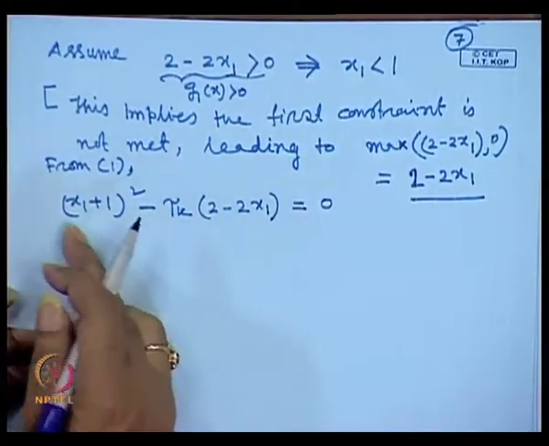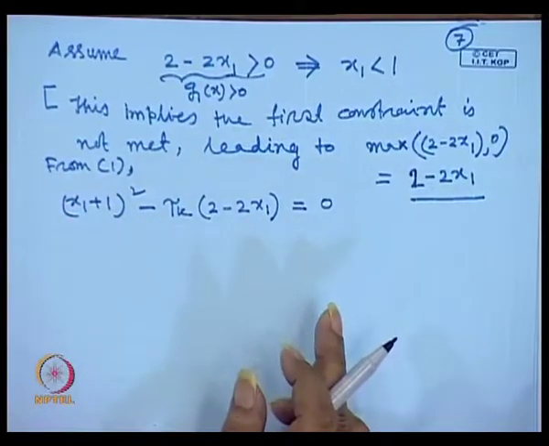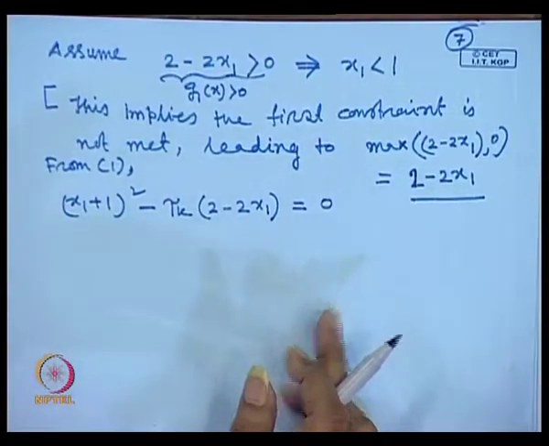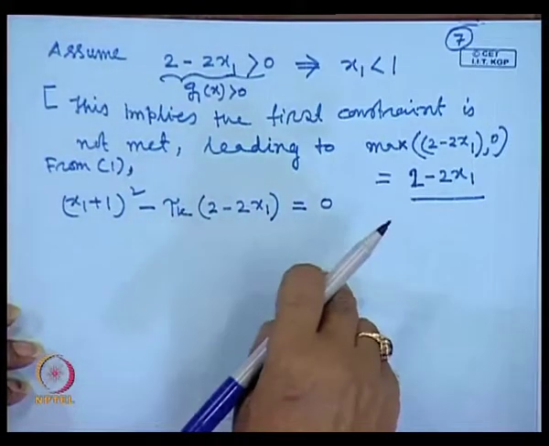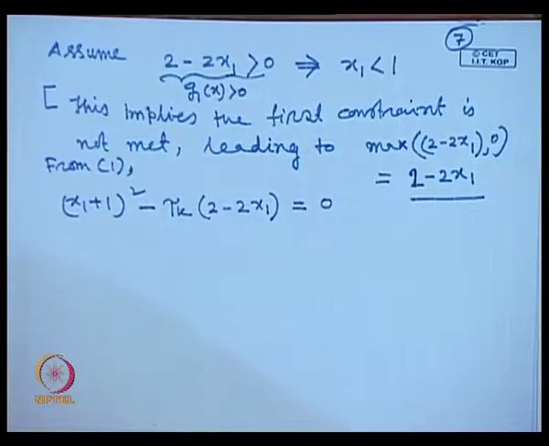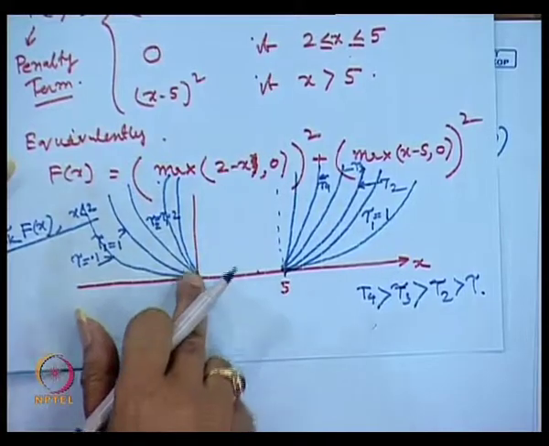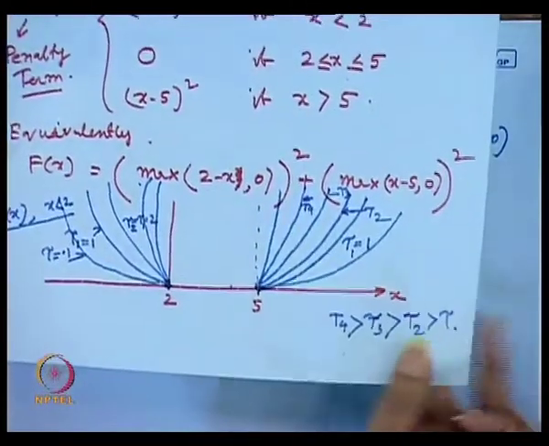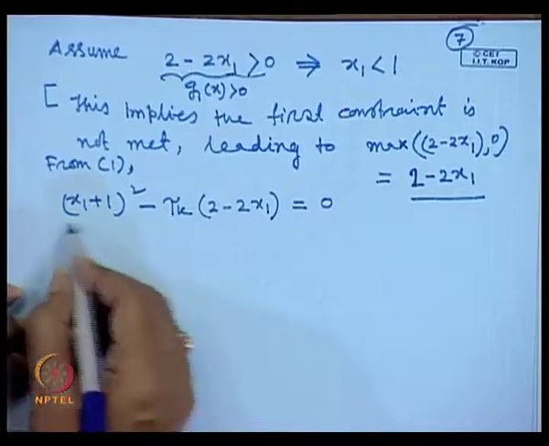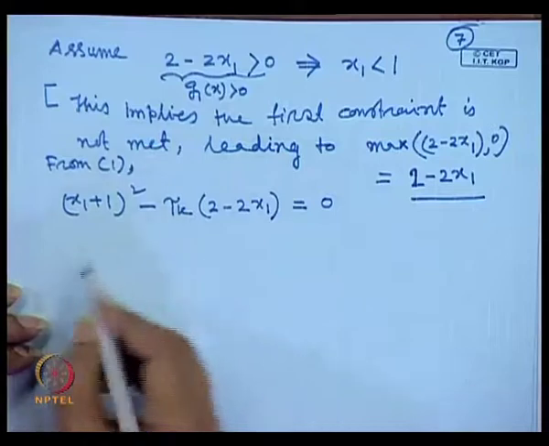Then I can easily find out the value of x 1 in terms of tau, agree, and if you slowly increase the value of tau k at each iteration, when tau k is very large, we will approach the optimal solution. That is what we have shown here. If you see this one, when tau is increasing, we are approaching the optimal value of the function. So, now see this expression, how x 1 can be written in terms of tau k.